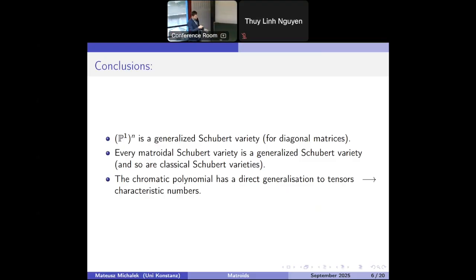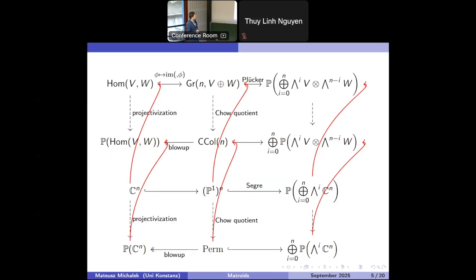And now come the funny things, because there is this chromatic polynomial that counts something, but nothing prevents you from defining a chromatic polynomial for a tensor. Because if we go back, how could we define a chromatic polynomial for a matroid? We had a linear subspace here, and we were closing it, it doesn't matter, here or here, let's say, downstairs.